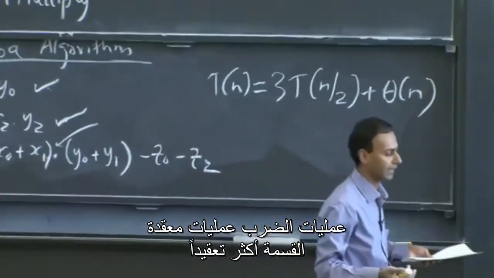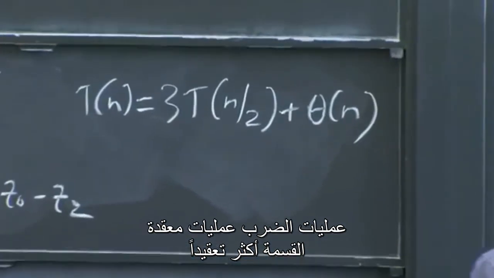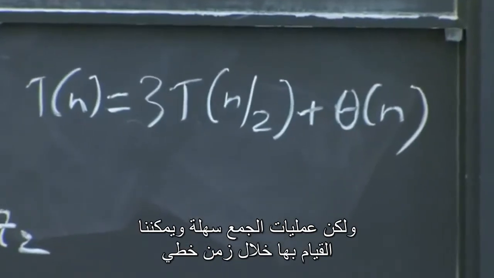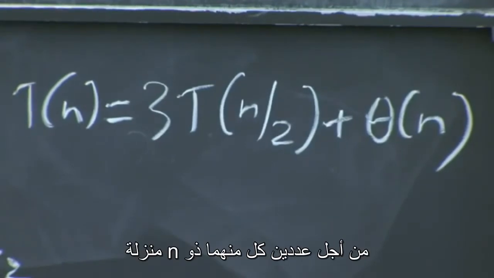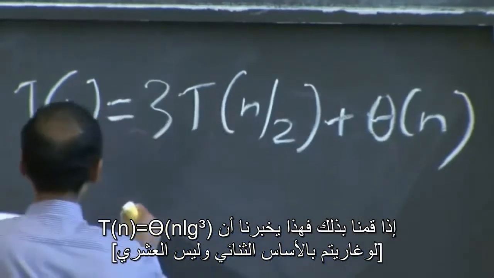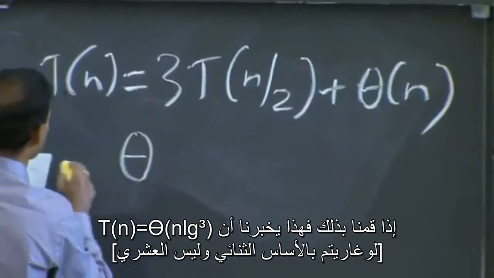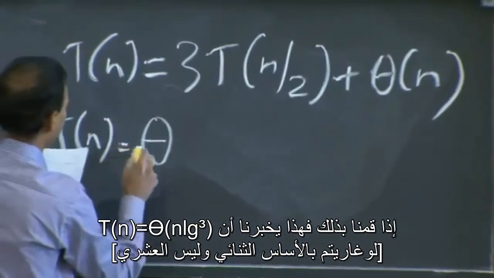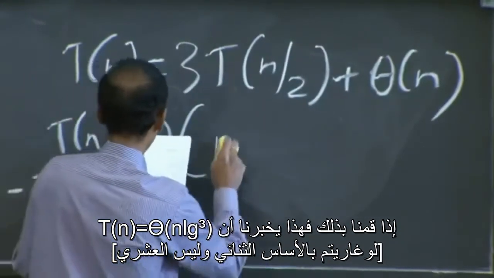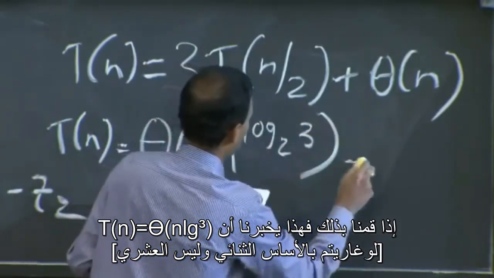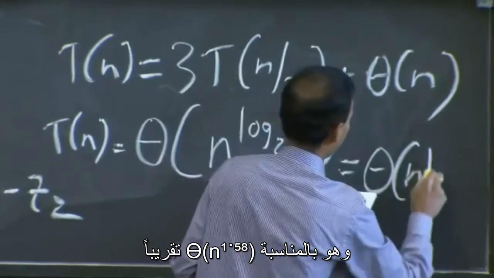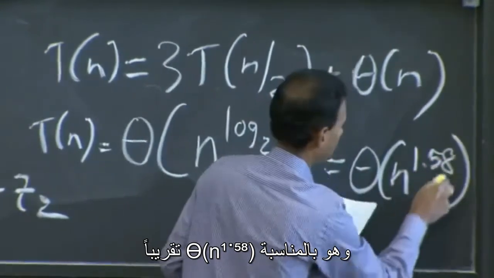Multiplications are the complicated operation. Divisions are even more complicated. But additions are easy, and you can do those in linear time for n digit numbers. And so Tn equals theta of n raised to log 2 of 3, which is, by the way, theta of n raised to 1.58, roughly speaking.